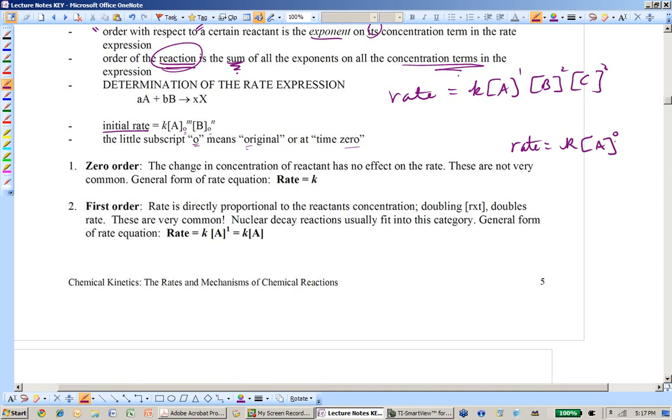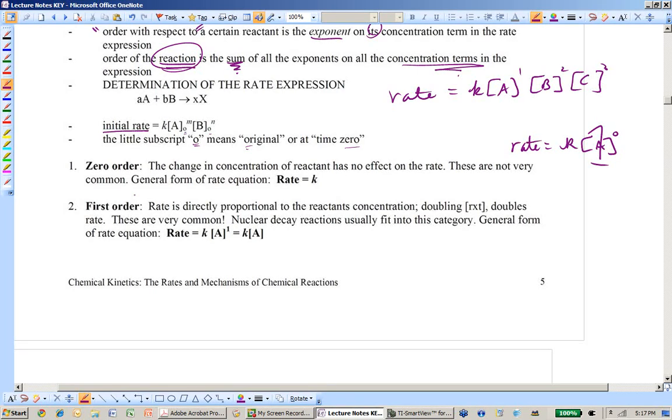I recall Mr. Thomas in 9th grade teaching me that any number raised, or any quantity raised to the 0 power was a big fat 1. So indeed, I'm just multiplying by 1. That's not having any change on the rate at all, is it? Rate equals rate in that case, or in this case, rate equals K. So these are not very common, as you might imagine, that you can double and triple and quadruple concentrations of reactants and not have much happen.